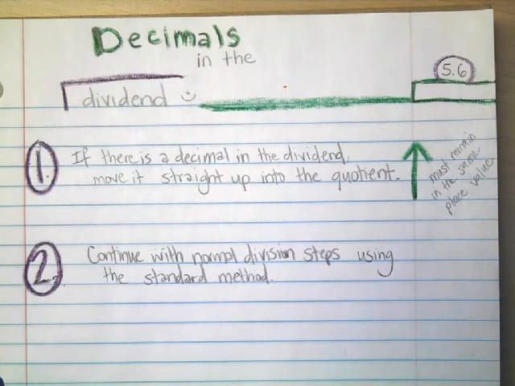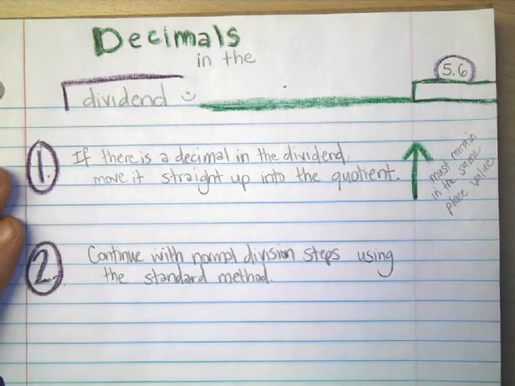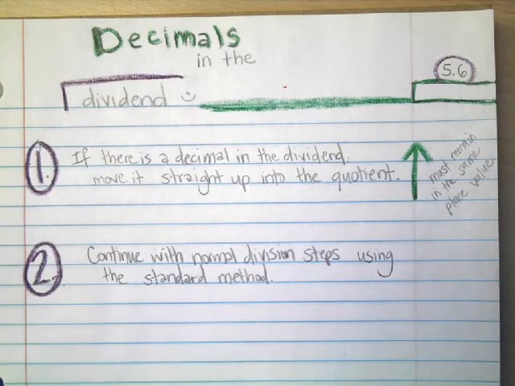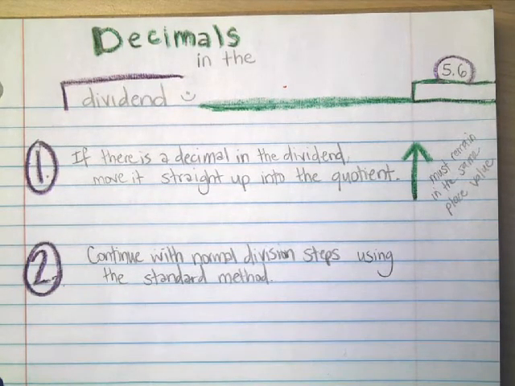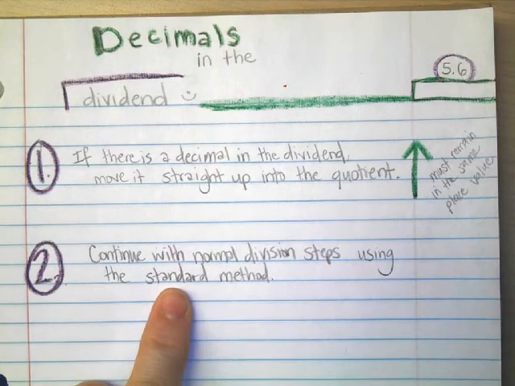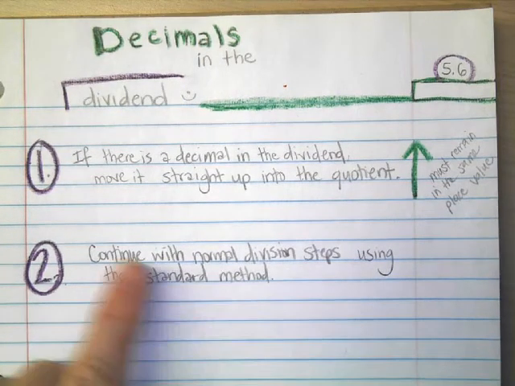Okay, what this is going to do when we are doing division like this is, well, first of all, there are a lot of different ways to actually do this. This way that Ms. Fisher is listing out for you is a way that we're going to learn how to do together. There is a way to do this using place value boxes, and when we meet together in groups, I will go over that. But I think in general, the best way for you to learn how to do this is to use the standard method.